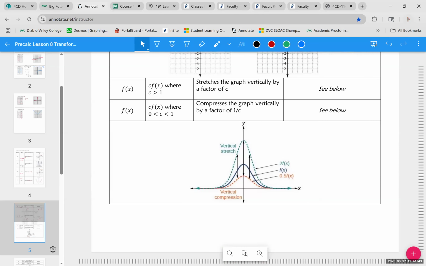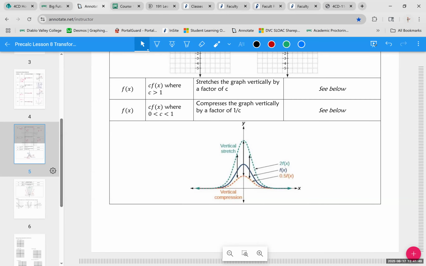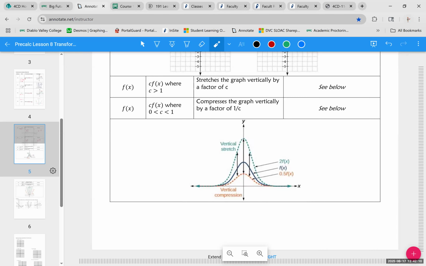And then last but not least, we have these stretches and shrinks. Stretch and compress, I guess, is a little bit harder to visualize, but the idea is generally that if you start with this solid blue, you're not going to pick the whole thing up, every single piece, and move the whole thing up or down.